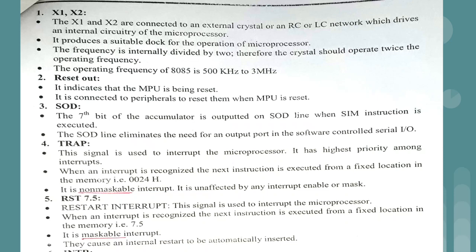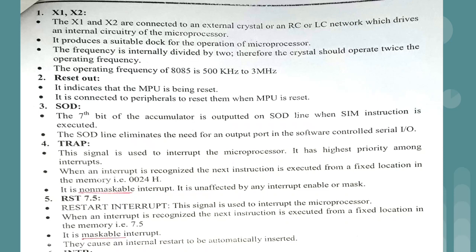Other than the 8085 microprocessor, we have many other processors, and also some electronic components like diodes and transistors, then keyboard and output devices like 7-segment display. All this circuitry has to communicate with each other while performing a specific operation to provide the proper output. All these things are done with the help of pins X1 and X2, which are connected to the external crystal or RC or LC network.